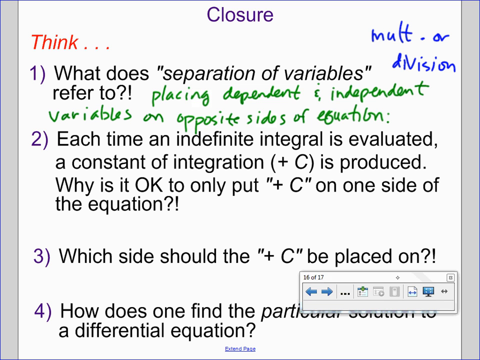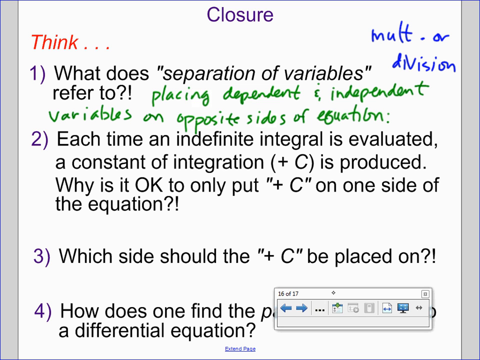So each time we evaluate an indefinite integral, we get a plus C. Why is it okay to only include a plus C on one side? Because it's unknown, so unknown minus unknown is still unknown. Absolutely. So combining two unknown constants still results in an unknown constant.